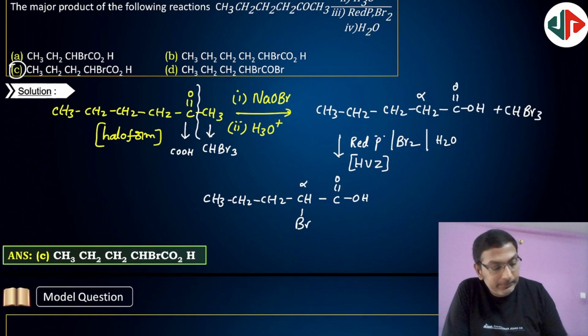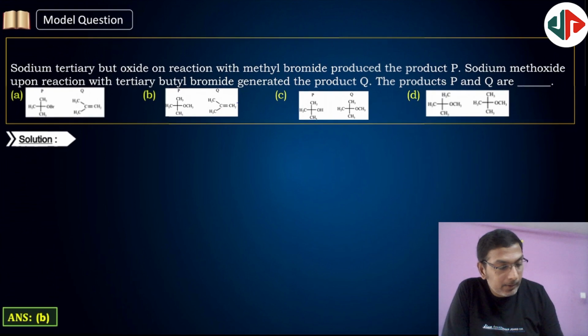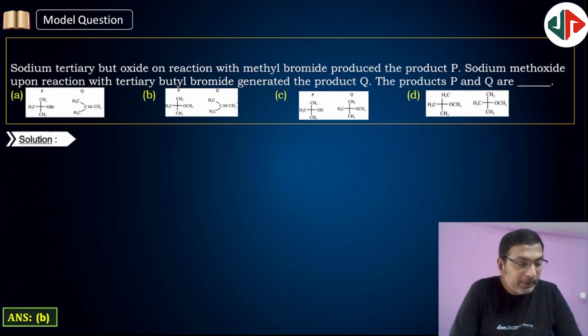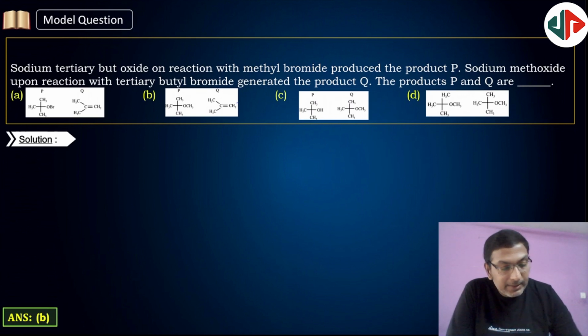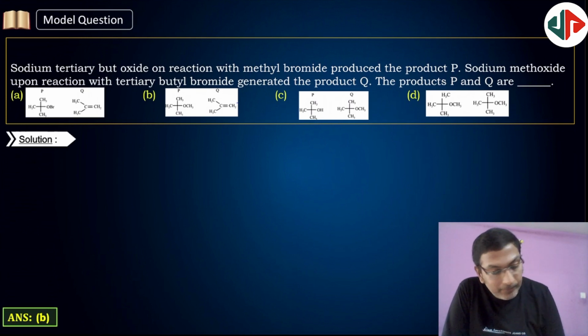Next. Sodium tertiary butoxide on reaction with methyl bromide produced the product P. Sodium methoxide upon reaction with tertiary butyl bromide generated compound Q. P and Q are. This is also an important question.